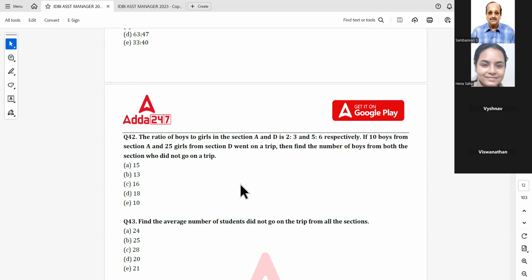That is only for the number of boys. If 10 boys from section A, 25 girls from section D went on a trip, then find the number of boys from both the sections who did not go on a trip. If that be the case, the 10 people from section A and the full section of D, 25, have not gone on a trip.